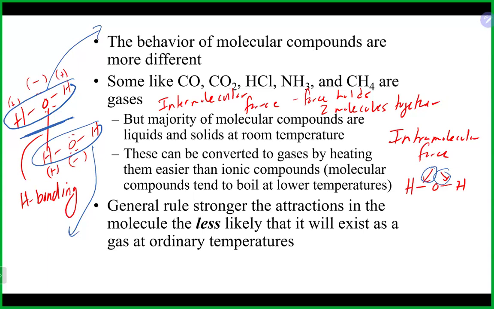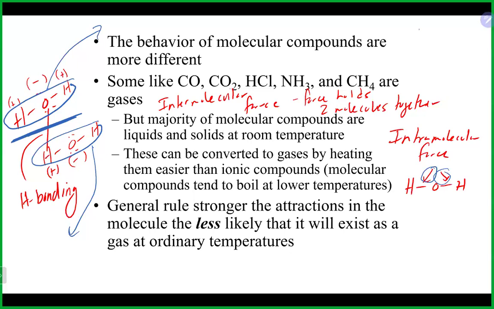It doesn't do that because, again, this intermolecular force is weaker. So when you heat it up, you just get water molecules that break apart and make steam as it starts to boil. So the general rule is the less attraction force there is between molecules, the weaker the intermolecular force, the more likely that thing will exist as a gas.